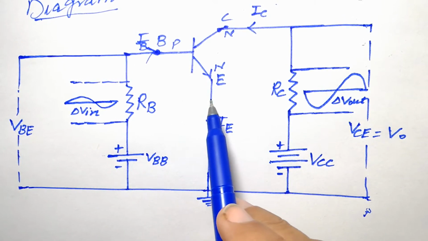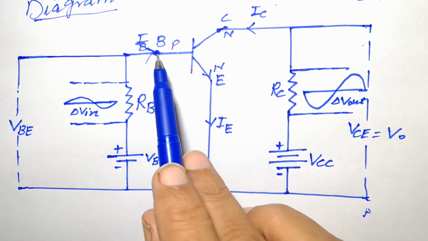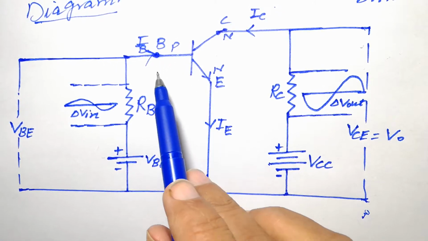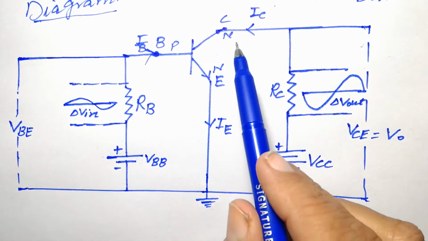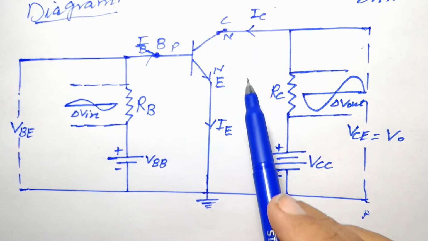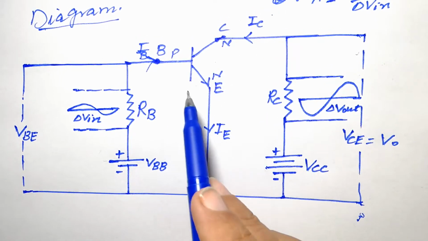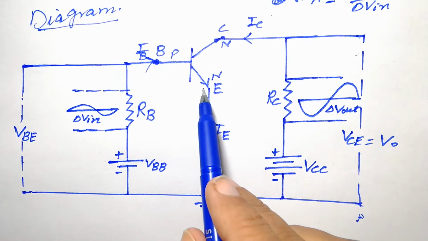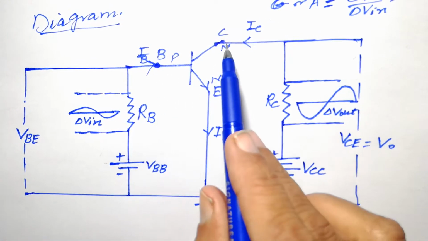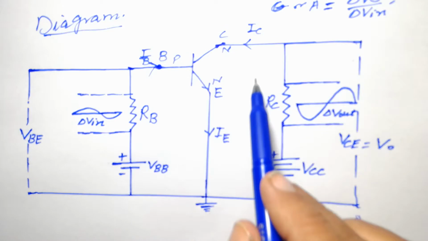So the emitter is common. The emitter base junction is the input region, and the collector emitter is the output region.